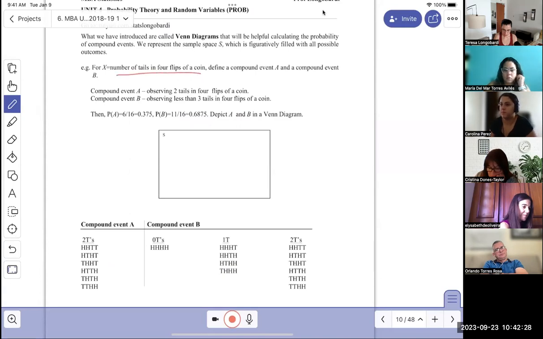And I ask you to depict A, which is observing 2 tails in 4 flips that look like this, and B, observing less than 3 tails in 4 flips that look like any of these.